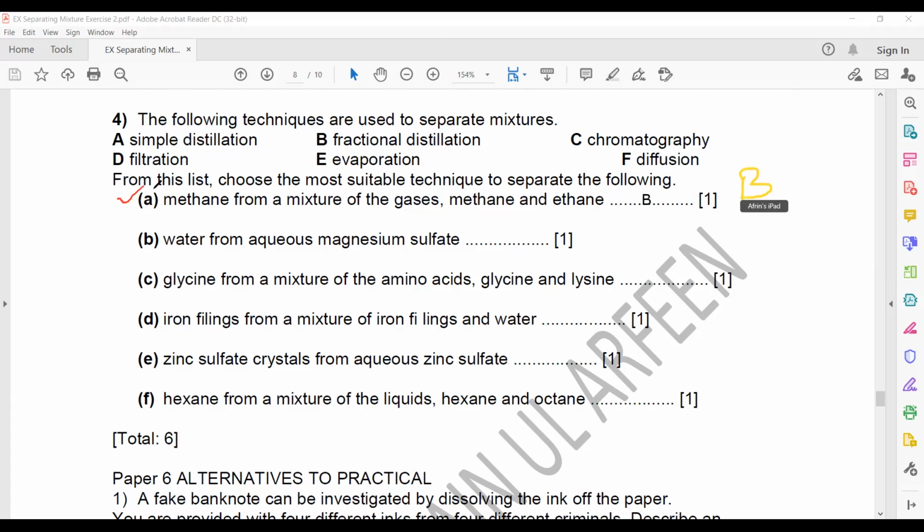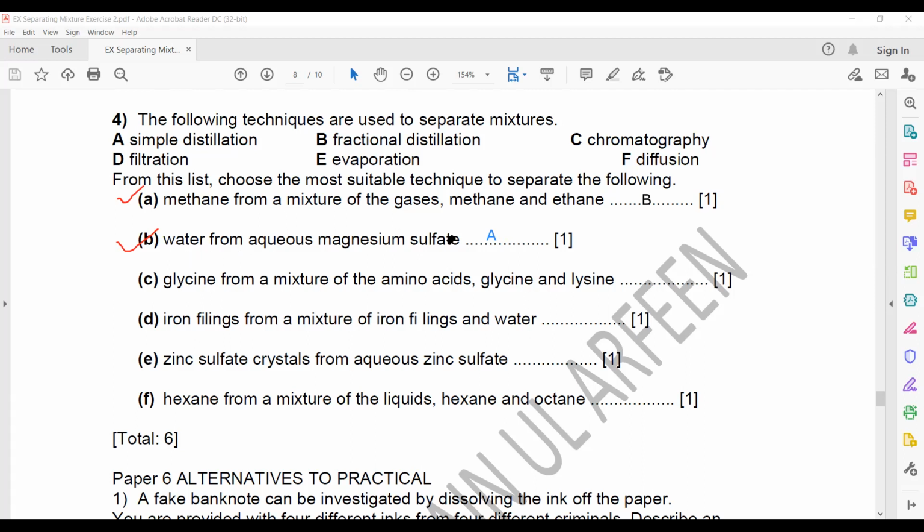So B. Water from aqueous magnesium sulfate means we need water from salt solution. You just have to use a letter. Which technique? Simple distillation, so not B, it is actually A.